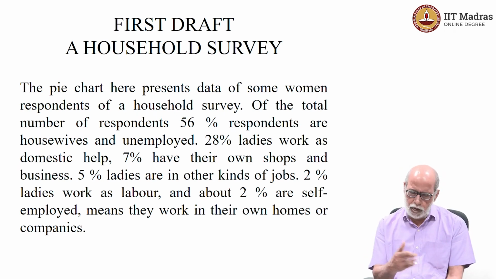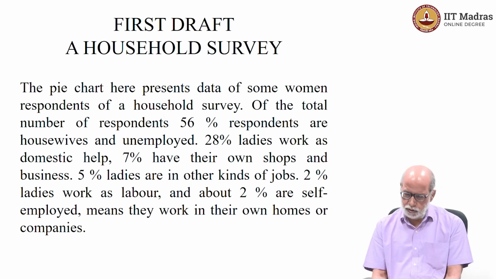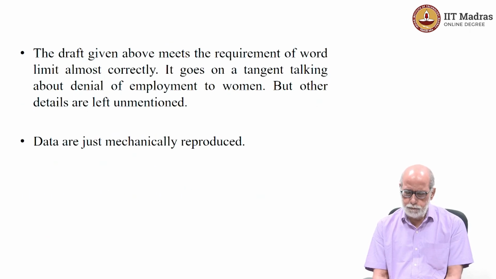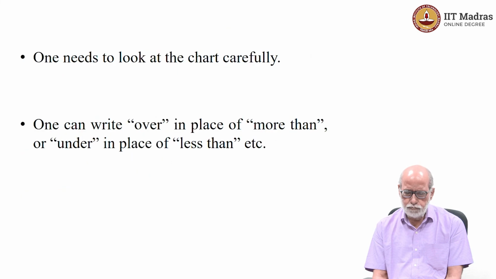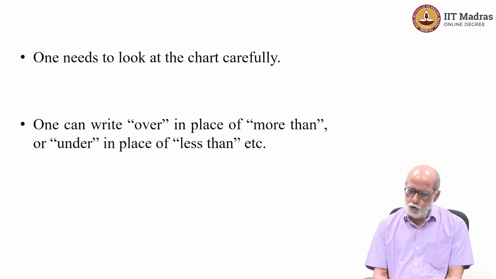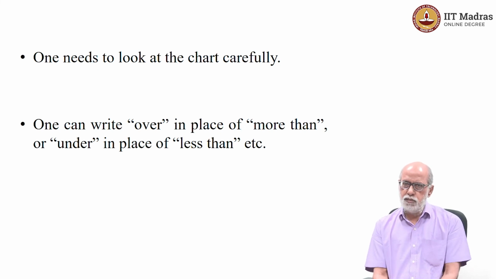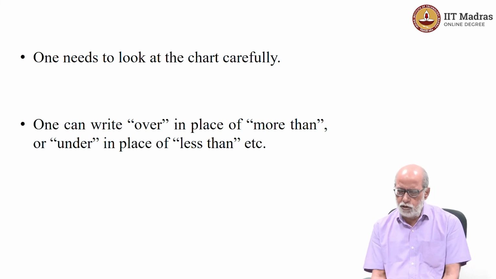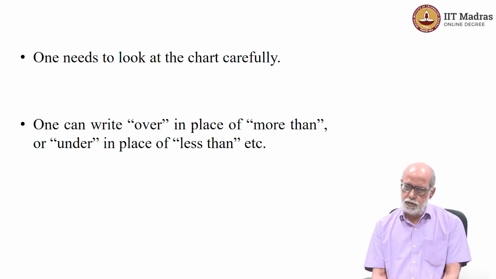So, come back to the screen where we were. Yeah, please. Okay. So look at the chart carefully and use devices. Ask yourself how much of what I'm saying is necessary, how much of it need not be said, how much of it can be left unsaid, how much of it can be said in fewer words if there are other expressions.